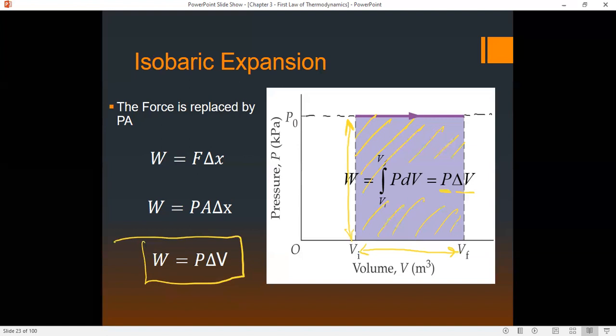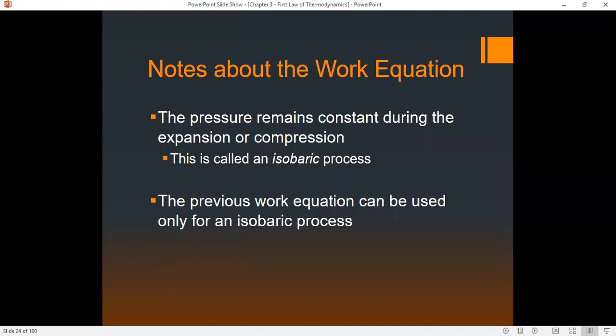Okay? So isobaric, this expression will work as long as our pressure is constant during the entire expansion or during the entire compression. Again, the pressure remains constant during an expansion or compression to be isobaric, okay?